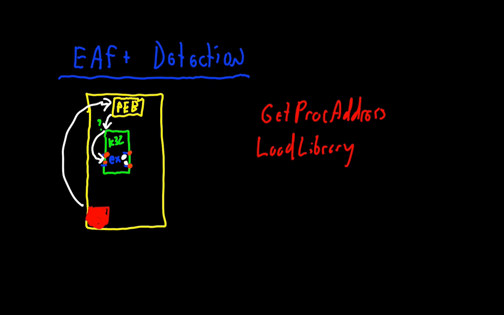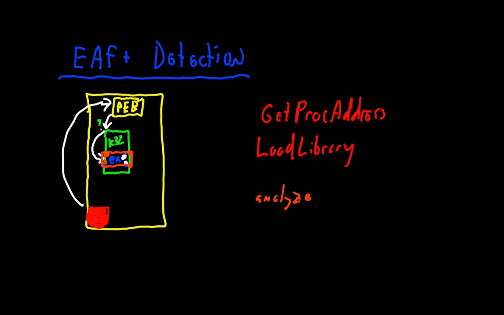And what happens is when we read any of this memory, an interrupt gets fired. And that passes control to the security product that set the hardware breakpoint.